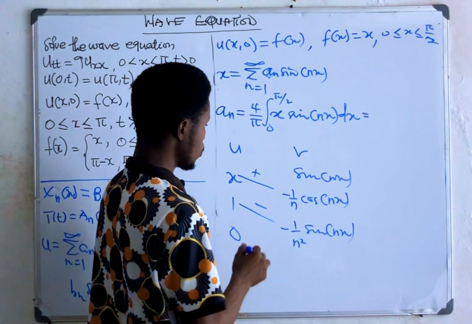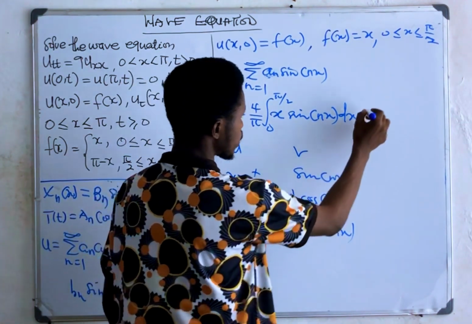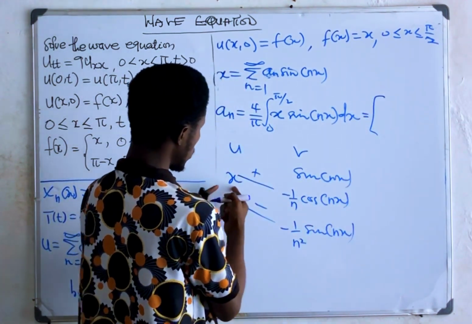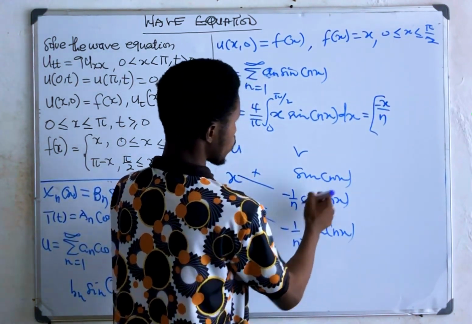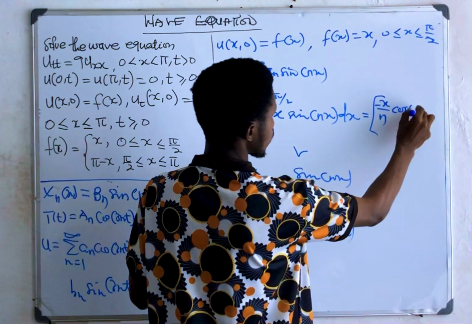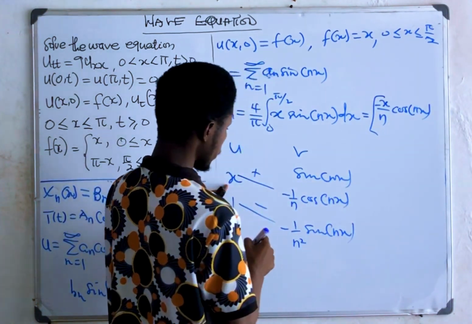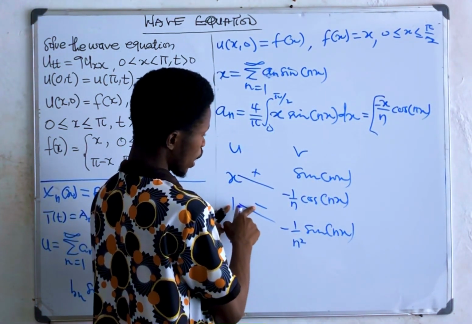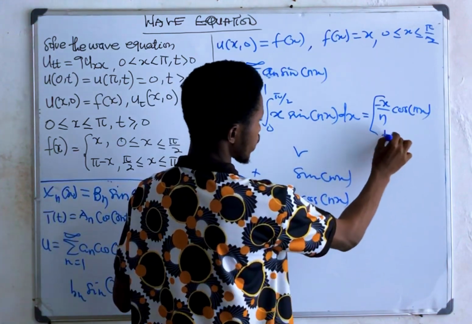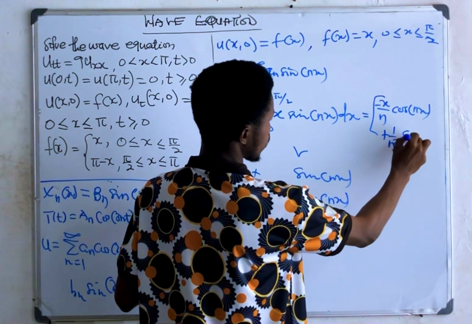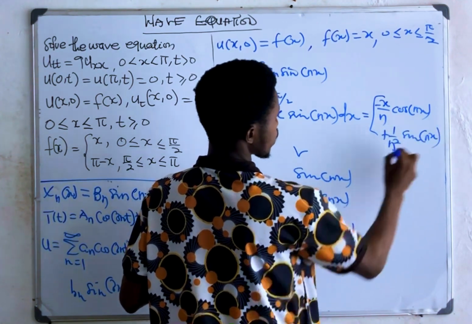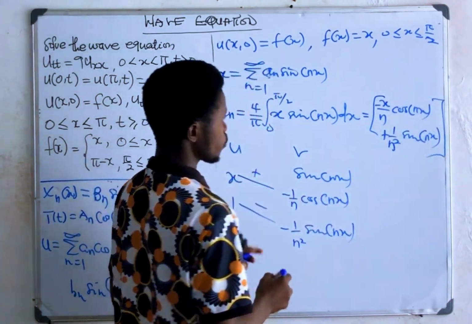So here is going to be x multiplied by this, which is going to give us negative x over n cos nx. Then 1 multiplied by this, and again that gives you positive, so plus 1 over n squared sine nx. So this is what we have.